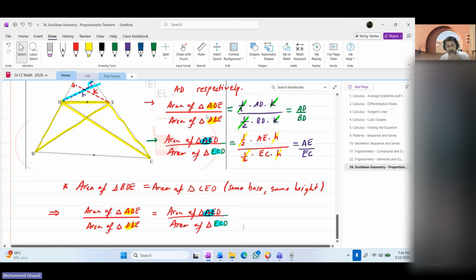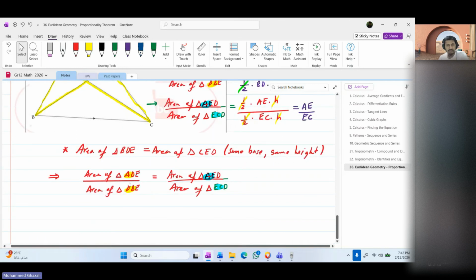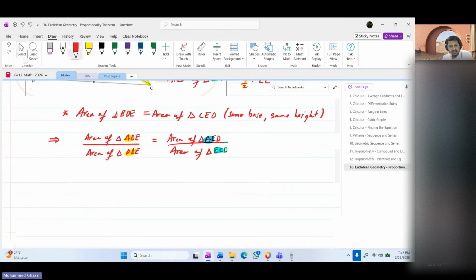Since these two ratios are equivalent, clearly we just proved that these bottom things are equal because of same base, same height. And now what was this? This was AD over BD is now equal to AE over EC, right?